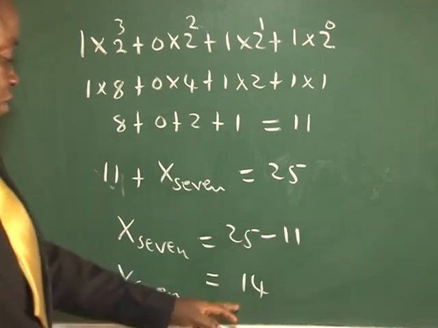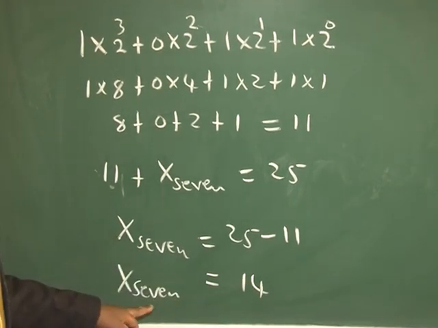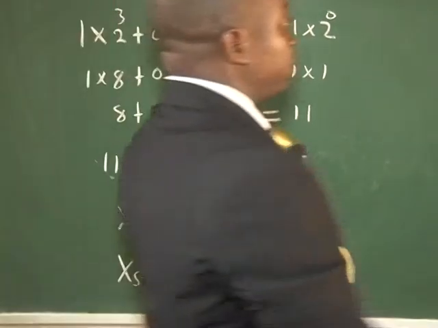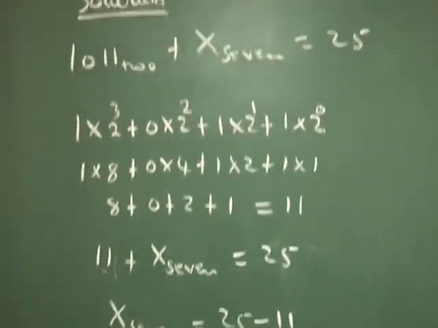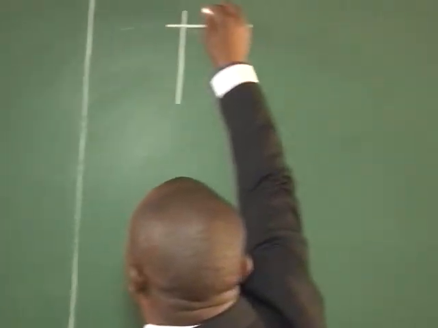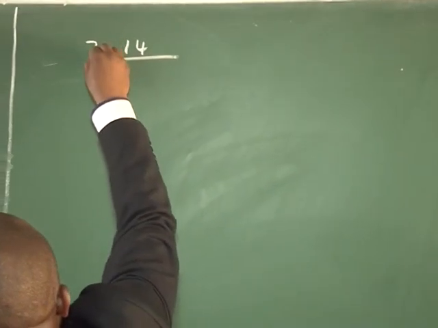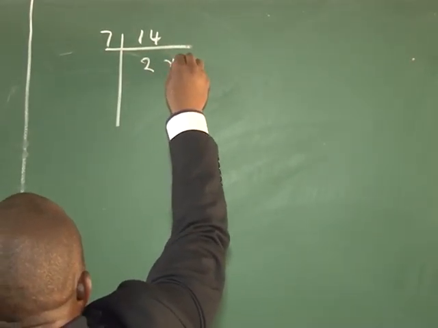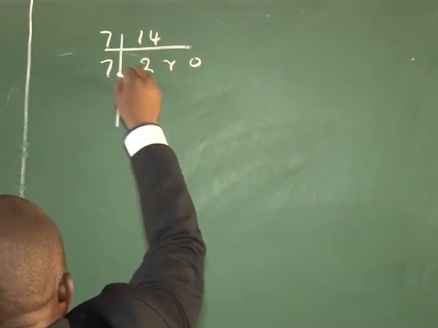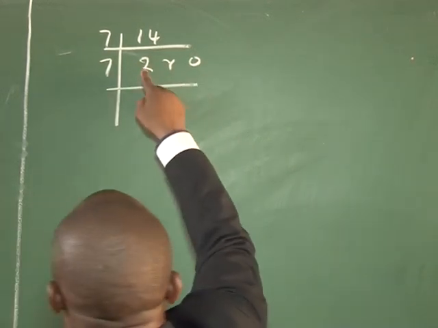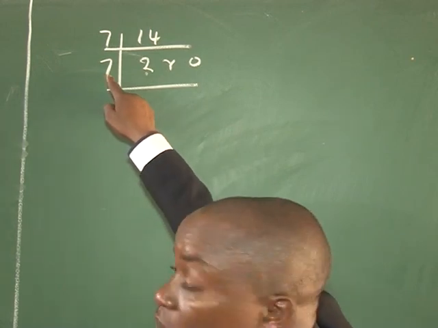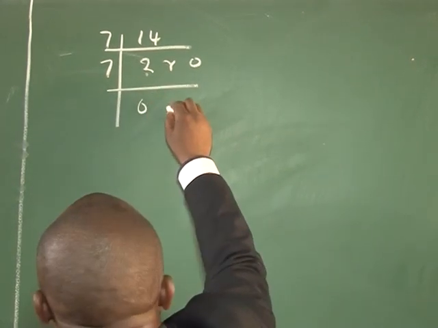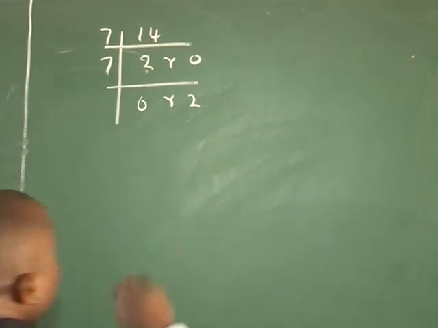So what we will do now, we are going to convert 14 to base 7. You know 14 is in base 10. So converting it to base 7, we have 14 divided by 7 is 2, remainder 0. Now 2 divided by 7 gives us 0, remainder 2.